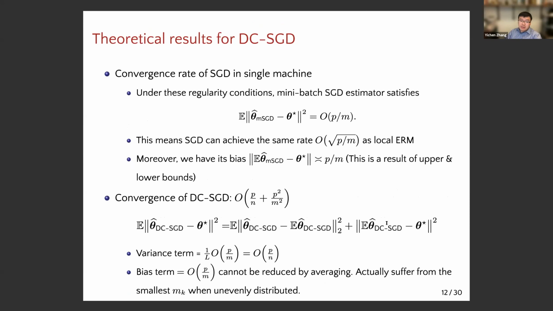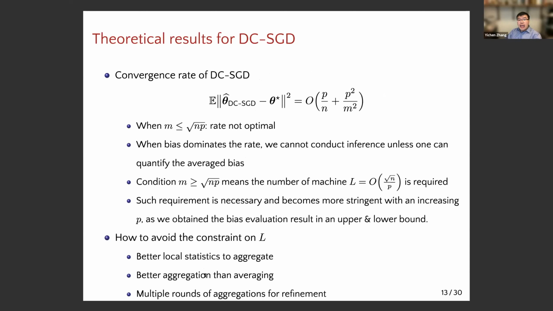So the P over M here is the local bias, which also carries into the bias for the divide and conquer method. So we can see that this method will suffer from local bias when the local sample size M is small.